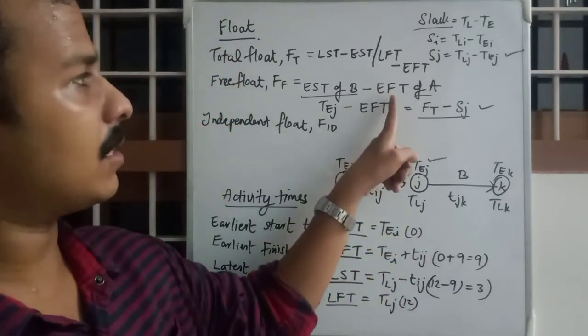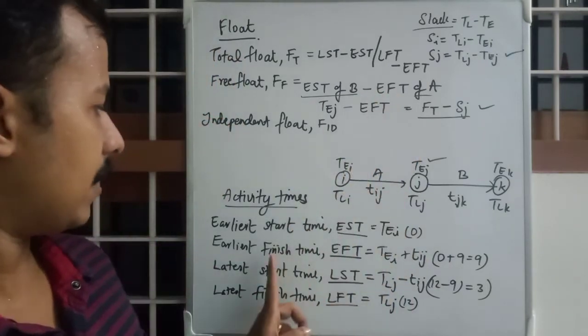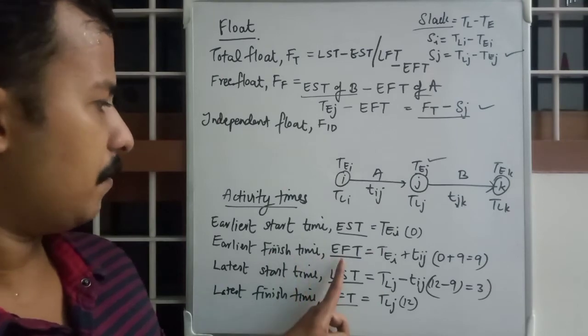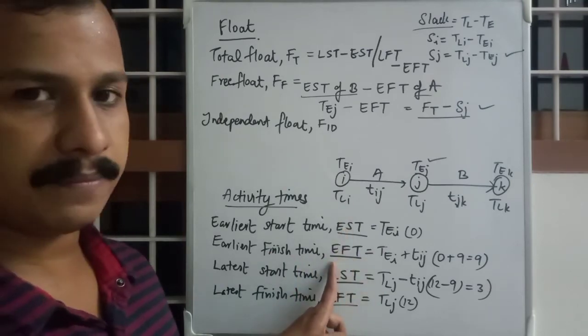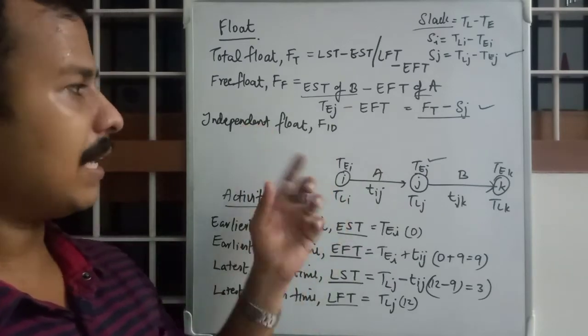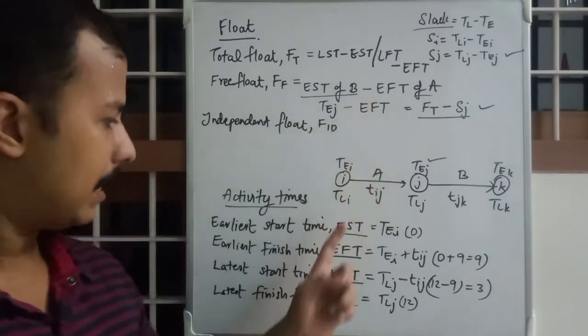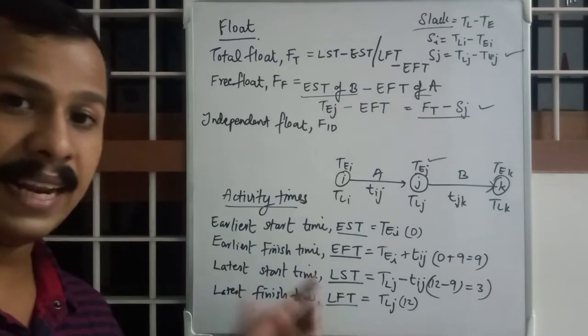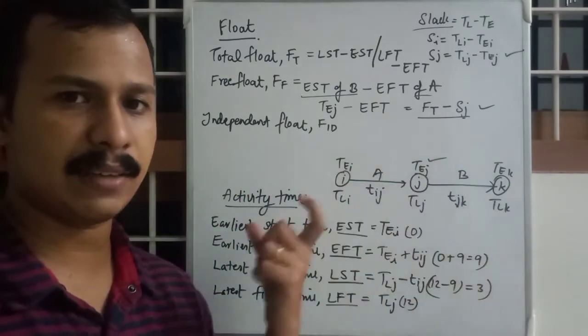We considered EFT, that is early finish time of the first activity, right? So in this case we will be considering LFT, latest finish time, rather than early finish time.